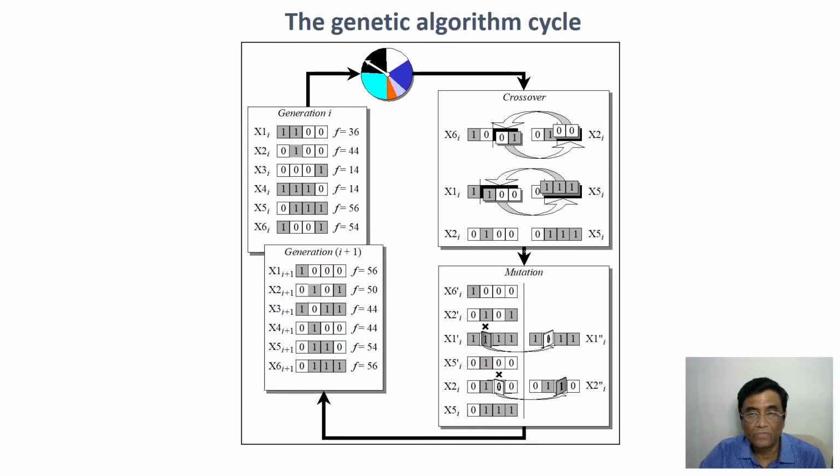Then you apply mutation, with sufficient numbers of chromosomes depending on what mutation probability you have attached, so that the probability of being trapped in a local optimum will be minimized. So you suddenly change one of the genes through the mutation operator. If it is 1, flip it to 0. If it is 0, flip it to 1, like that.